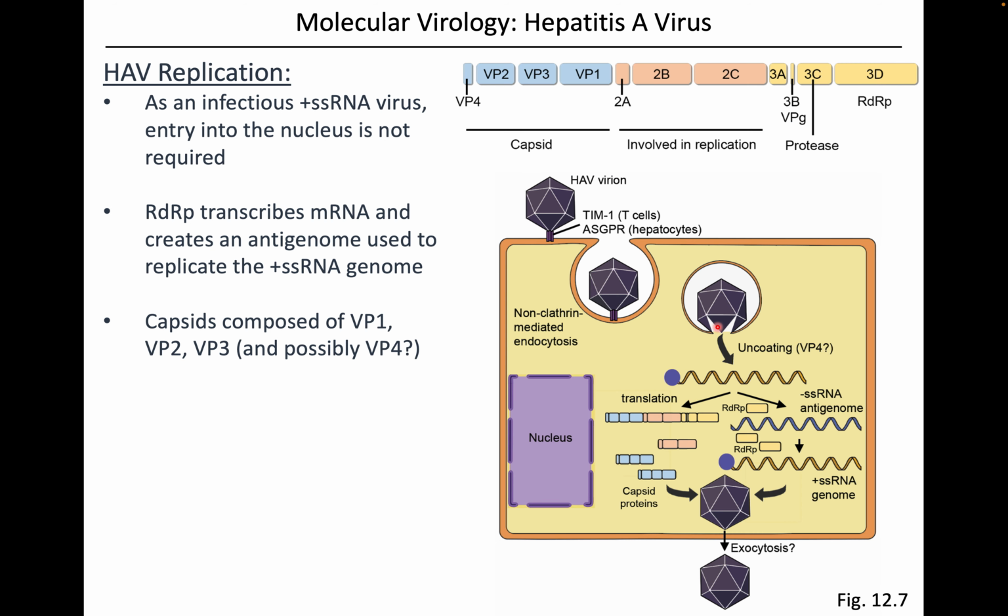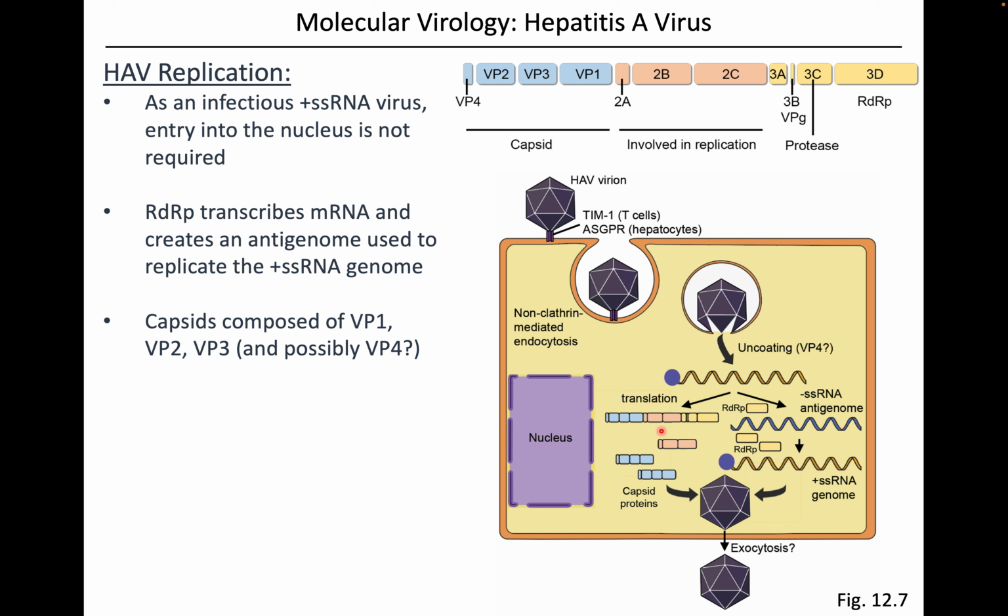And then that is going to have the effect of releasing that positive sense single-stranded RNA genome into the cytoplasm. Of course, there's going to be ribosomes there, so we can start to get immediate translation. Right? That's what they're showing happening over here.